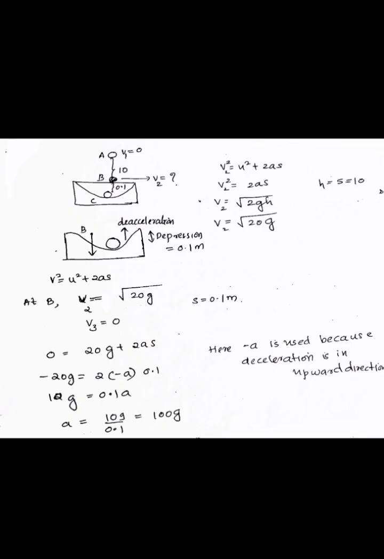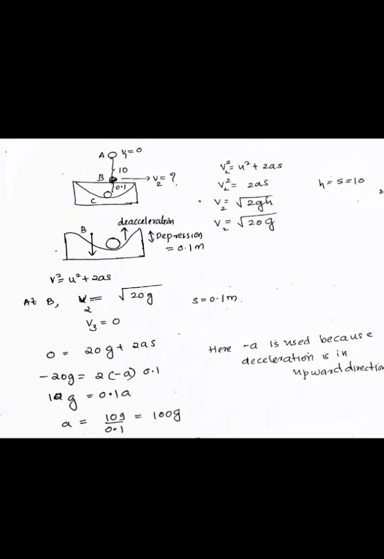So that v2 square is equal to 2gh, that is v2 is equal to square root of 2gh. Here h is equal to 10, that is v2 is equal to square root of 20g.